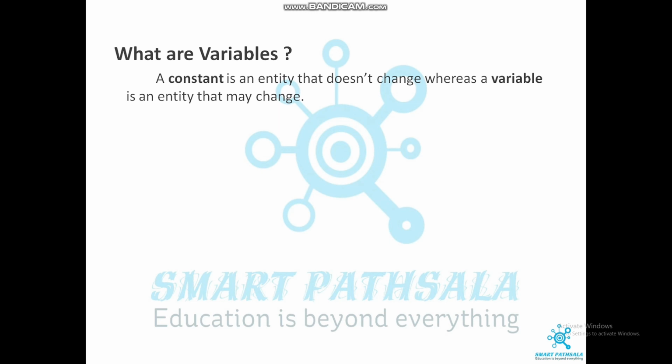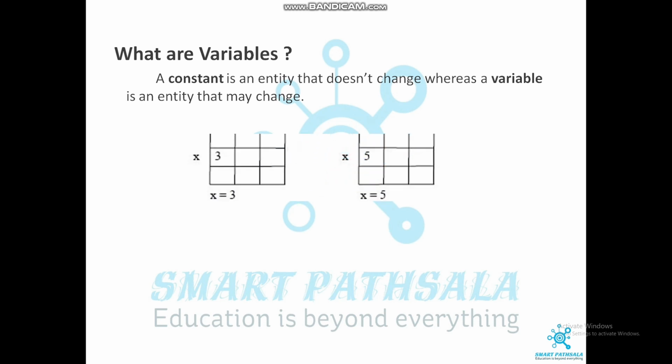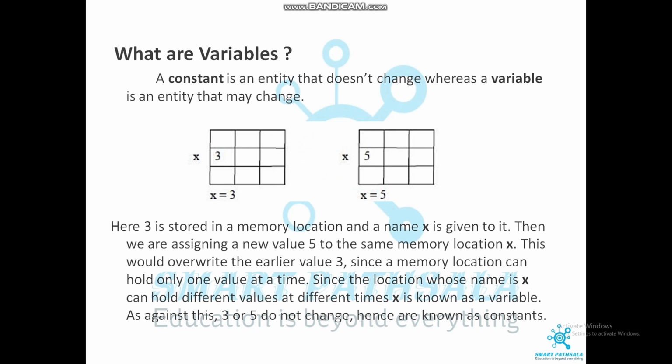Here in the figure we can see that 3 is stored in a memory location and a name x is given to it. Then we are assigning a new value 5 to the same memory location x. Now this 5 will override the earlier value 3.